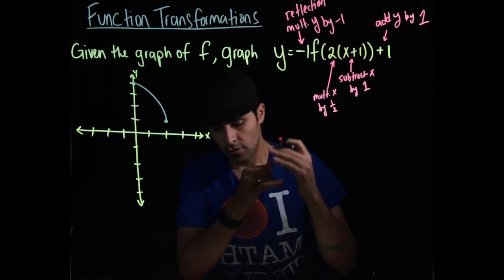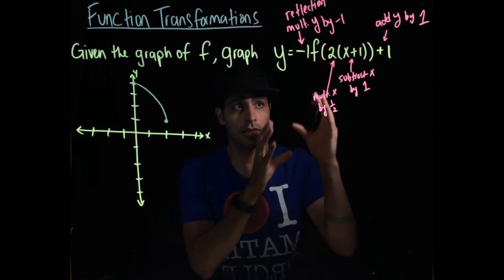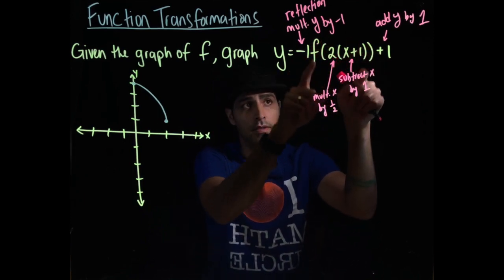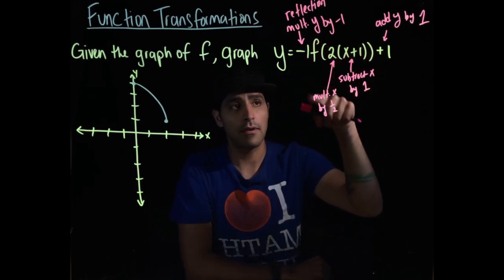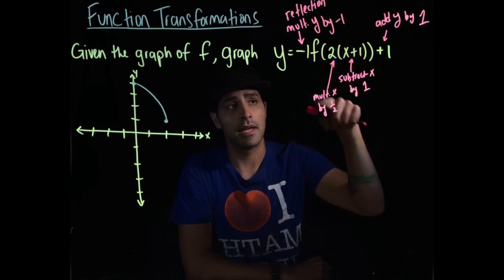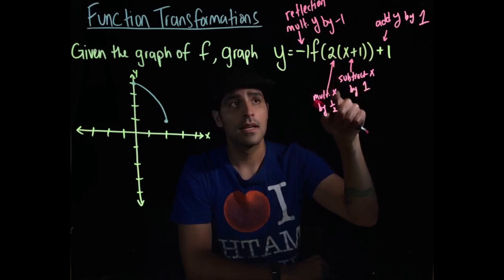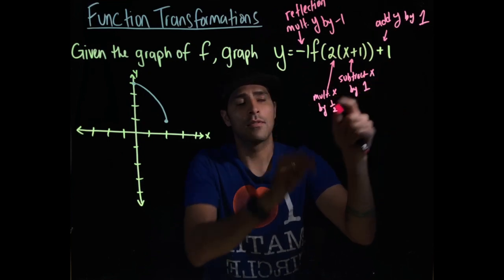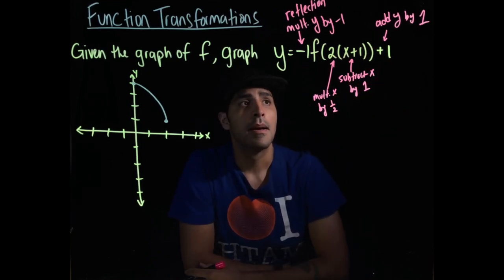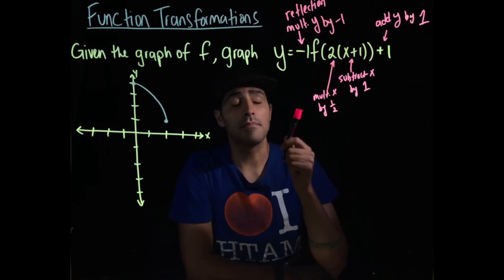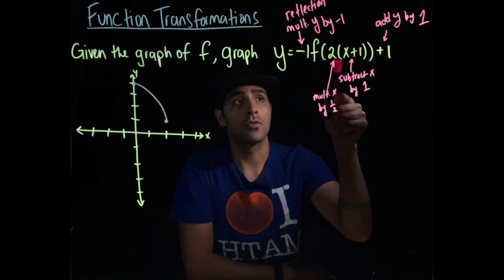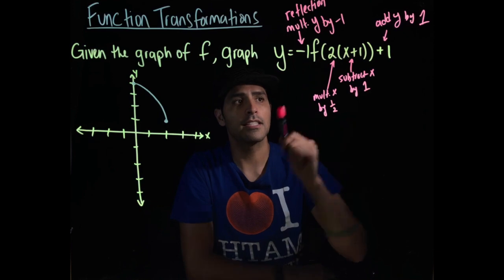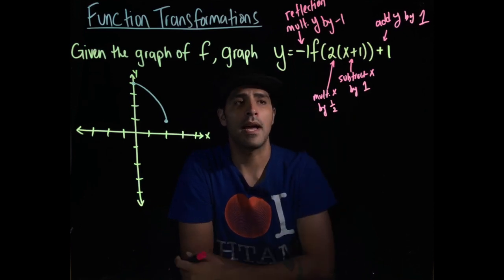You want to deal with the inside of the function parentheses first, so I first apply my horizontal transformations. Then we'll apply what's outside the parentheses, so we'll apply the vertical transformations. But in some examples, it also matters which one you do first. Do I subtract x by 1 first, or do I multiply it by a half first?